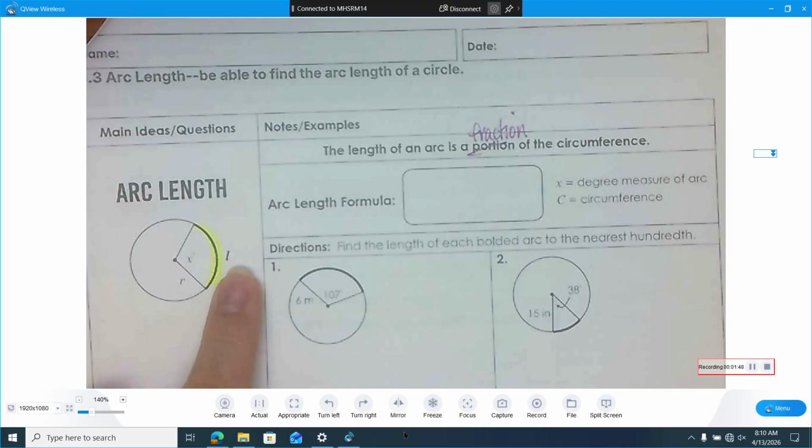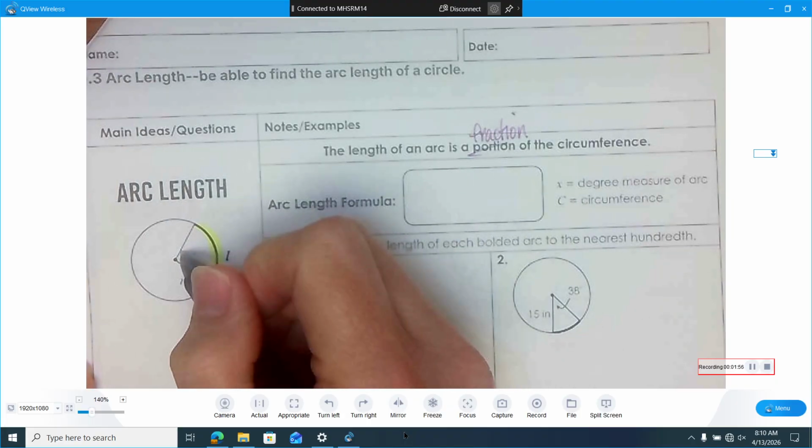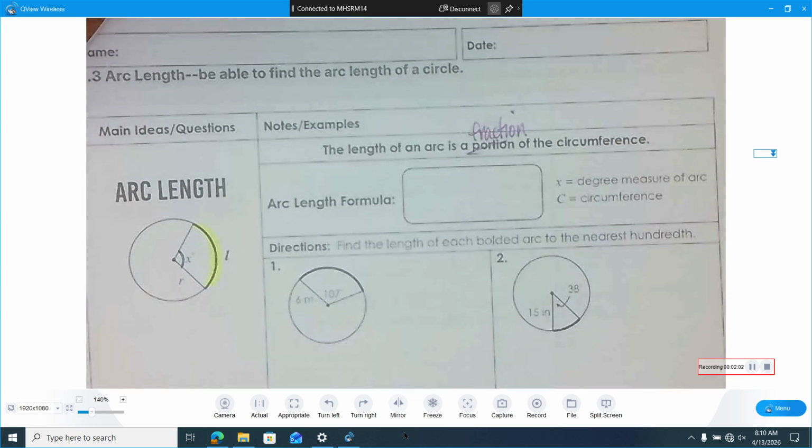That is the L for arc length. In our circle we have x degrees, the measure of the central angle, and we have the radius of our circle. If we know those things, then we can really easily figure out the arc length that we have highlighted here.